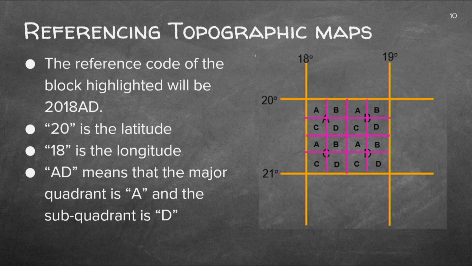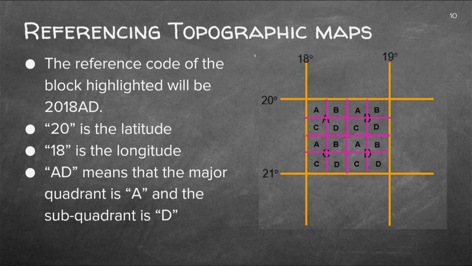Take note that every 1 degree by 1 degree block is divided into 4, A, B, C, D. And each of those 4 quadrants has a subdivision of A, B, C, D. So if I pick one of them and label it as 2018 AD, you will see that one of these blocks is 2018 AD, all right?